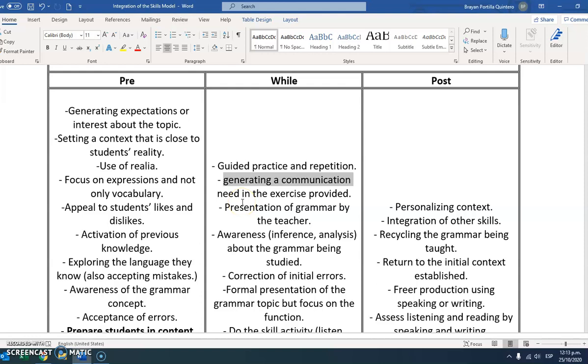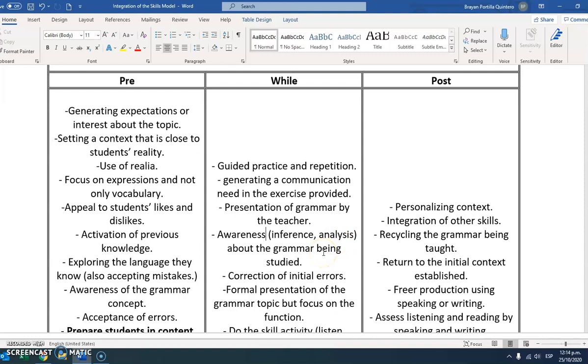So here is where we carry out workshops that are really communicative and not just filling the gaps. In this moment, the teacher usually presents the grammar, and then the student is given the awareness, so they are allowed to do inferences and analysis of the grammar that is being studied.